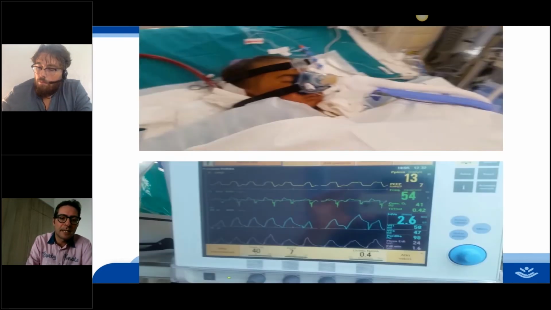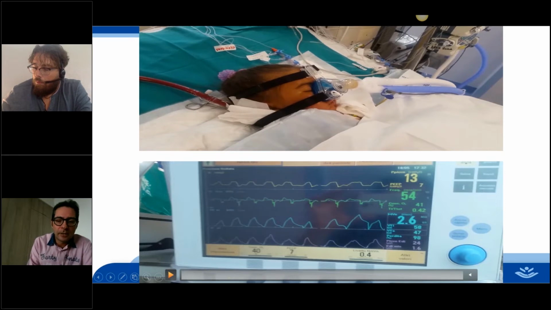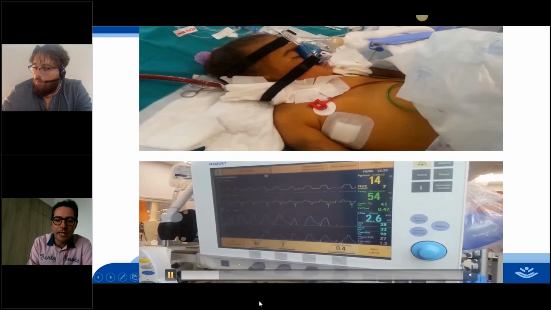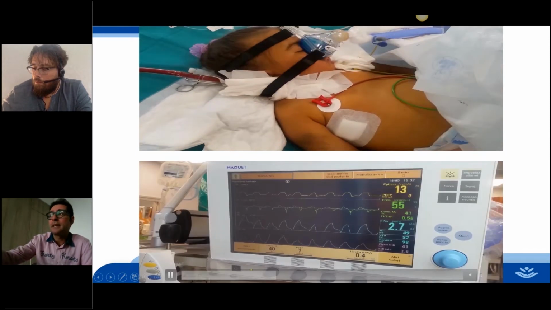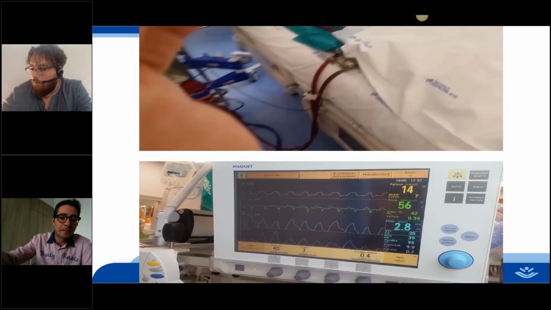Here you can see a NAVA, this patient managed with a NAVA catheter, and you can see that sometimes we have important spikes of the electrical diaphragmatic activity that are a surrogate or synonym of high neural respiratory drive.